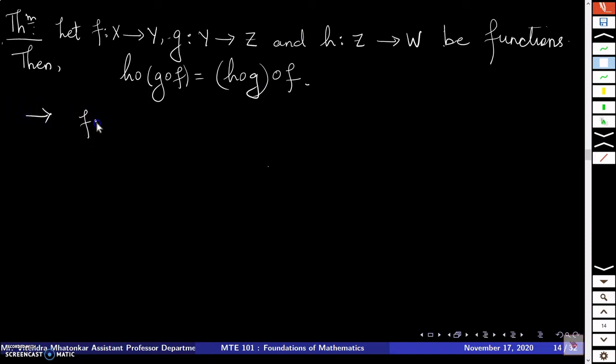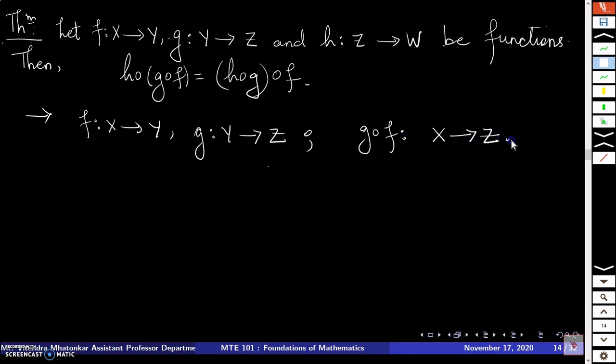So f is a map from X to Y and g is a map from Y to Z. So g composite f will be a map from X to Z. Okay, and therefore if I club h along with this, then that would be h composite g composite f, which will be a map from X to W, as we have just seen.